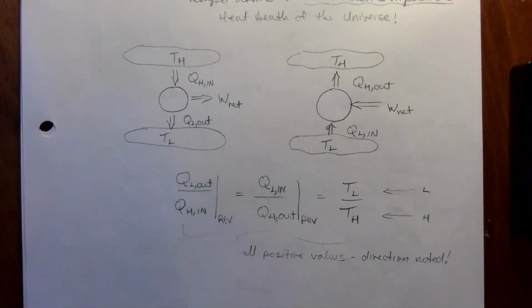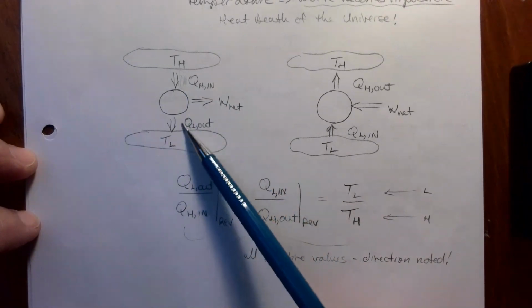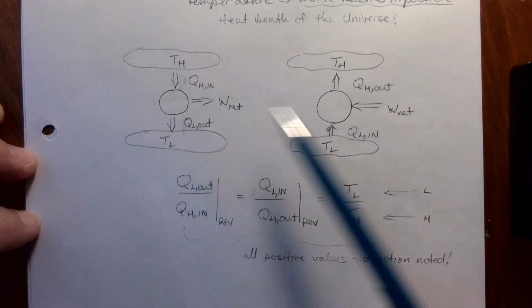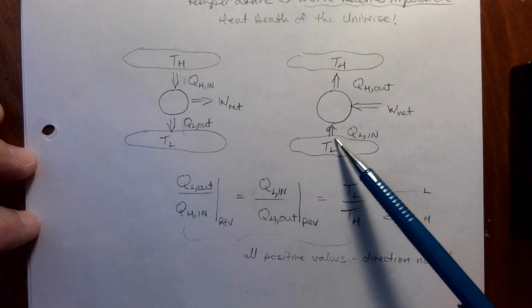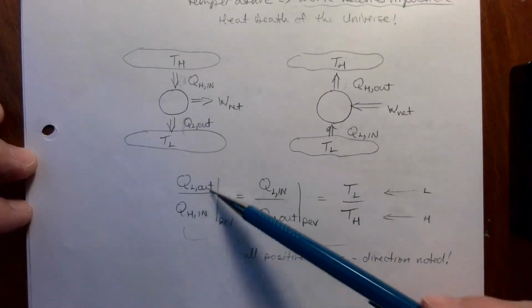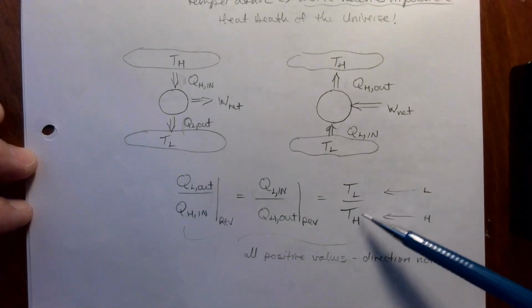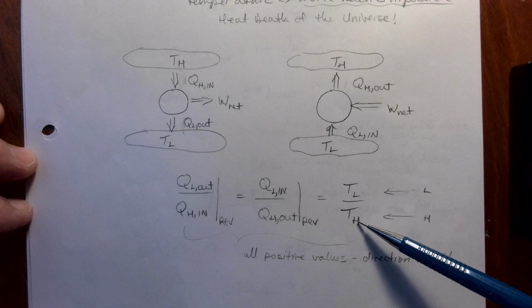What Lord Kelvin has given us actually applies equally to refrigeration cycles and power cycles. For the power cycle, QH coming in, QL going out, and then for a refrigeration cycle, QL coming in and QH going out on the other side. The ratio of these two in both cases is just equal to the temperature ratio as long as these are in absolute temperatures.